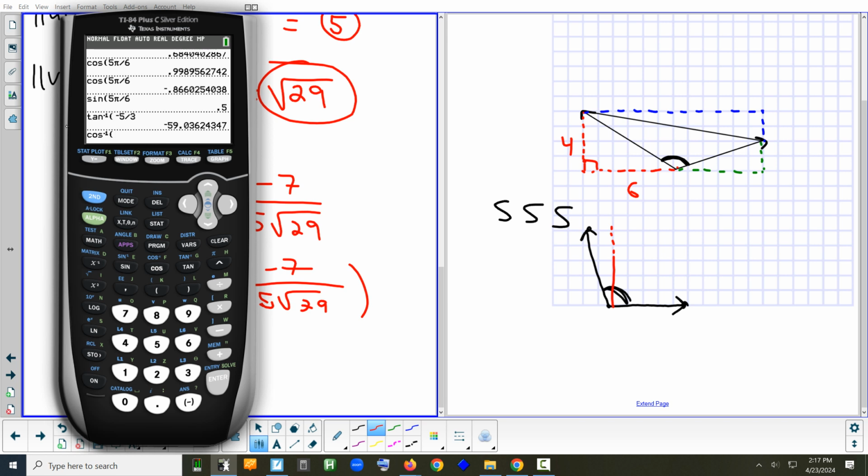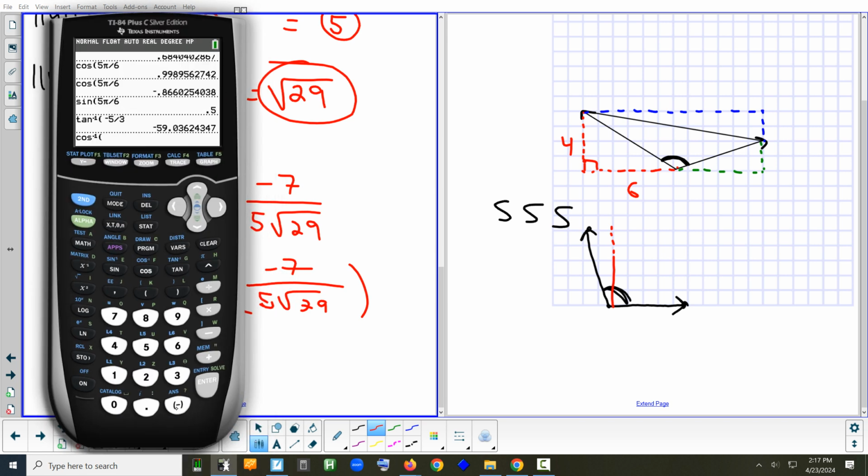Okay, so inverse cosine of negative 7 divided by, you need to put the denominator in parentheses because it's more complicated than a single number. So 5 square root of 29. Close your denominator, close your inverse cosine. That's how you have to type it in.